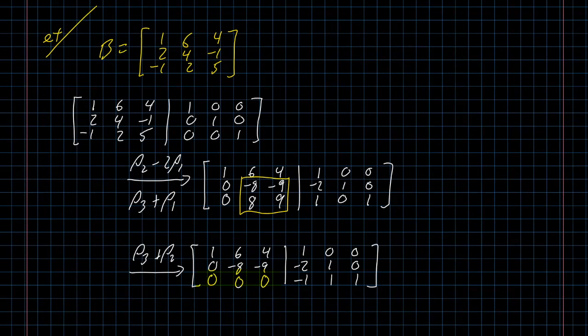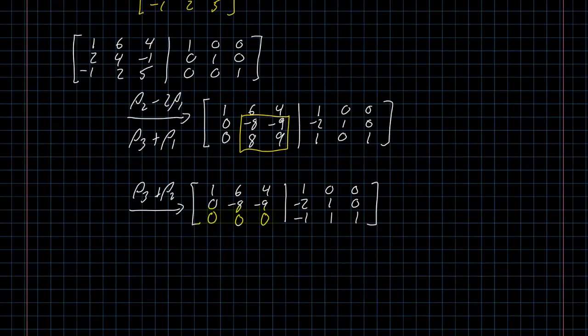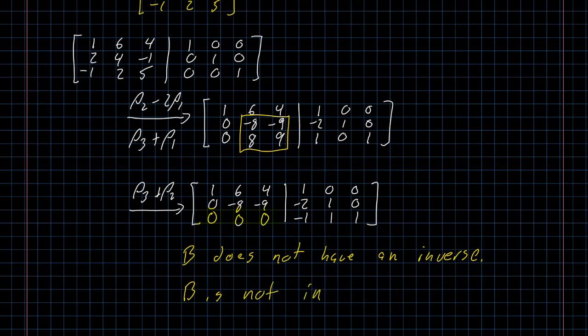As soon as that happens, we can say that matrix B does not have an inverse. Or another way of phrasing the same thing, B is not invertible.